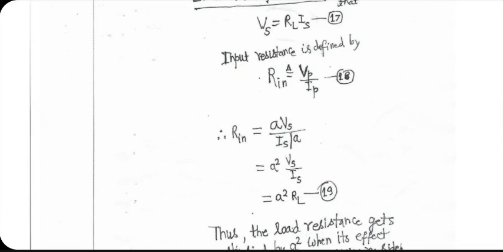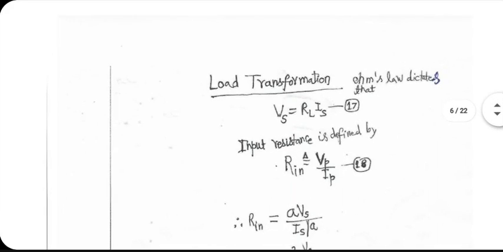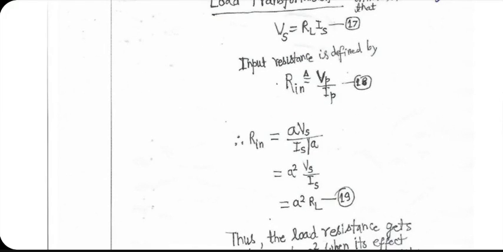Vp is aVs, right? And Ip is Is upon a. So I put that there. What I get is a square Vs divided by Is. And Vs divided by Is is RL. So input resistance is a square times the load resistance. This is the ideal lossless case.